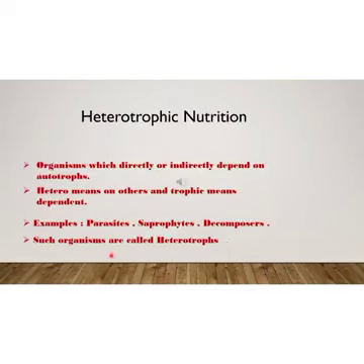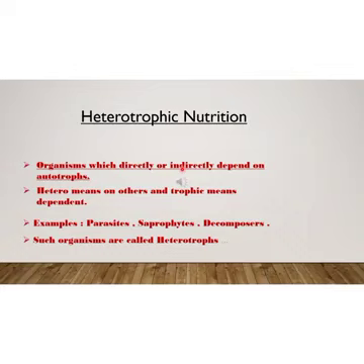Now heterotrophic nutrition: organisms which directly or indirectly depend on the autotrophs. Autotrophs means green plants. There are some types of plants which cannot make their own food, so they depend on the autotrophs, means green plants, for their nutrition.